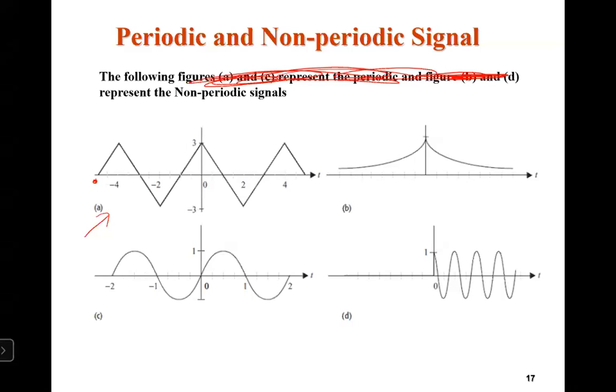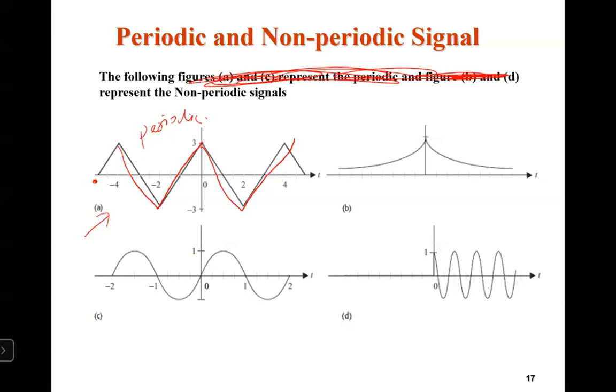Second, is it repeating at a certain interval? Yes, it is repeating, because you see this same portion is again repeated. So both conditions are satisfied, and this is periodic.